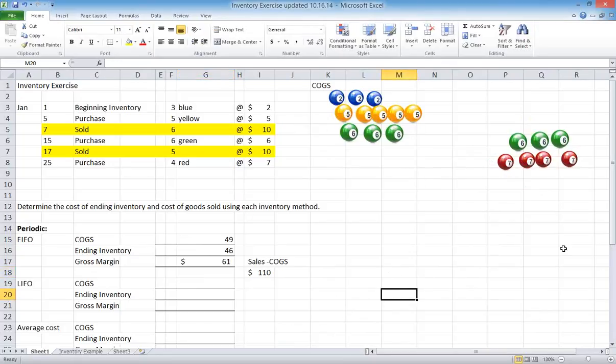Without me actually adding these up, which I could do really quickly, another thing I can do is determine how much I had available for sale, which I will need to know eventually anyway. So how much did I have available for sale? I had 3 times 2. So I'm just multiplying these across.